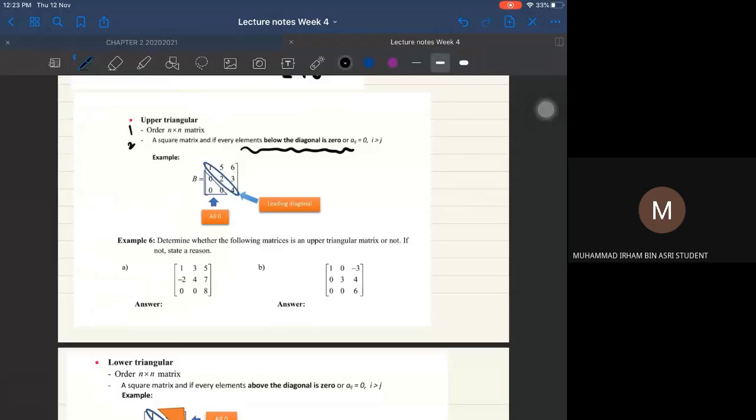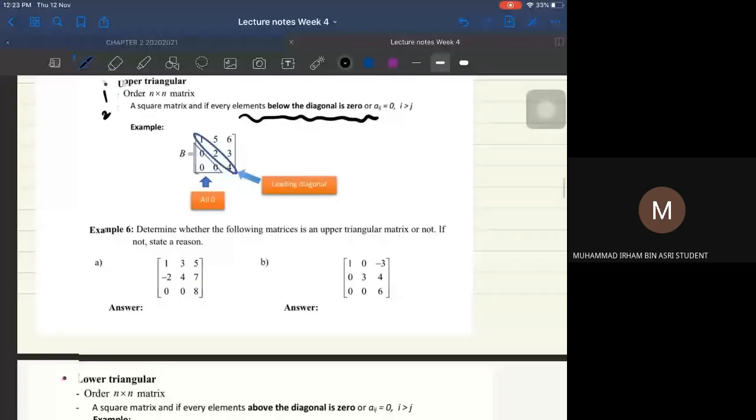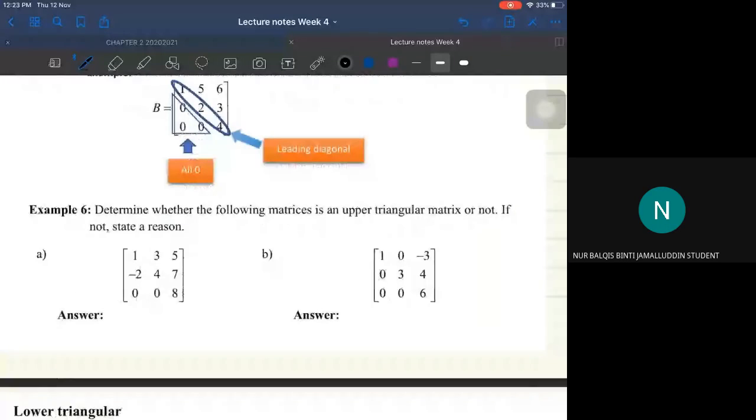For A, is this an upper triangular matrix? No. Why not? Because below the diagonal there is a value, A21 is not equals to 0.